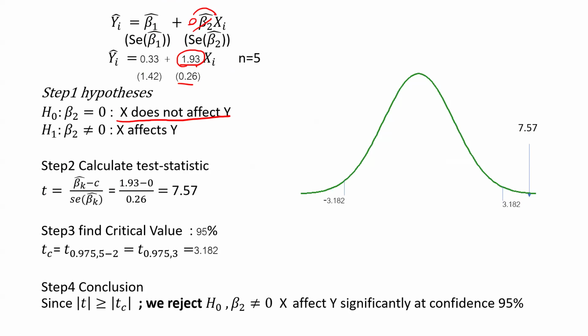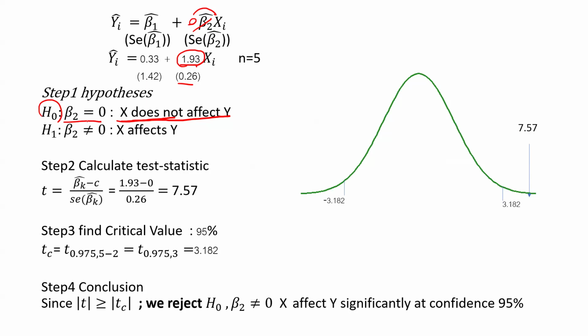It means even if you make X higher and higher, if the beta is 0, anything multiplied by 0 is 0. In the text, you can say that X does not affect Y. So we write down the equation beta 2 equals 0. Since it's equal, you have to go to H naught.